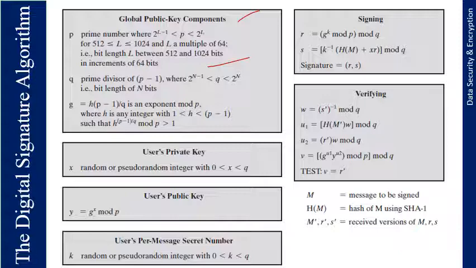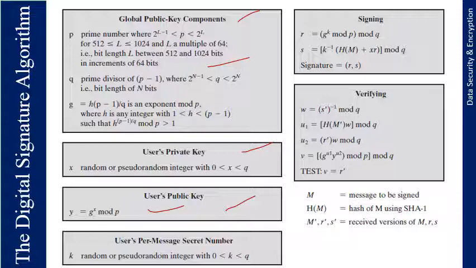So with these three parameters in hand, each user selects the private key and generates the public key. The public key is calculated from the private key as y is equal to g to the power of x mod p.